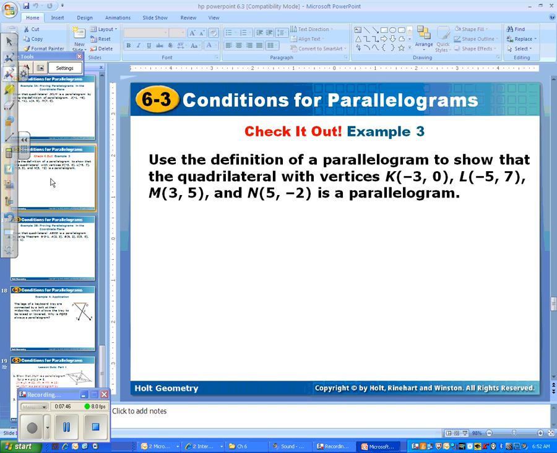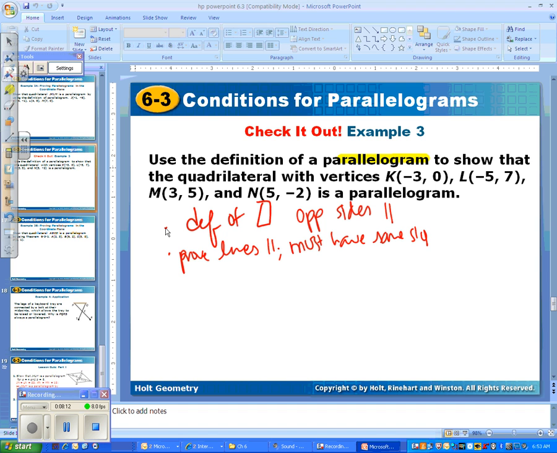All right. The last thing you're going to be doing is proving that something is a parallelogram in the coordinate plane. And to do that, you need to look at the slopes of the sides, because the definition of a parallelogram is that the opposite sides are parallel. And to prove lines are parallel, they must have the same slope.